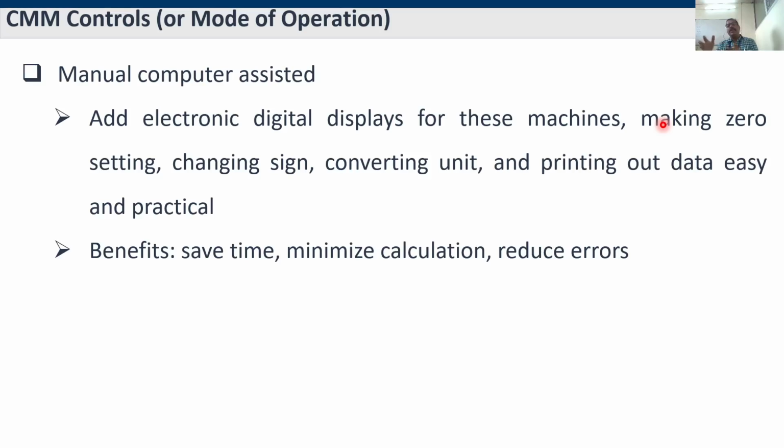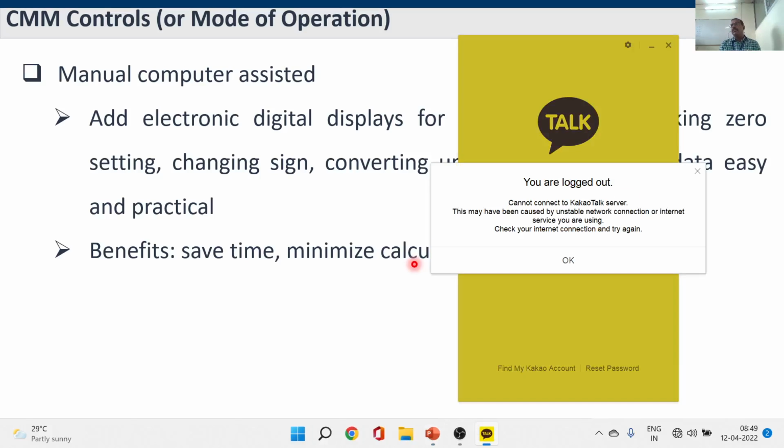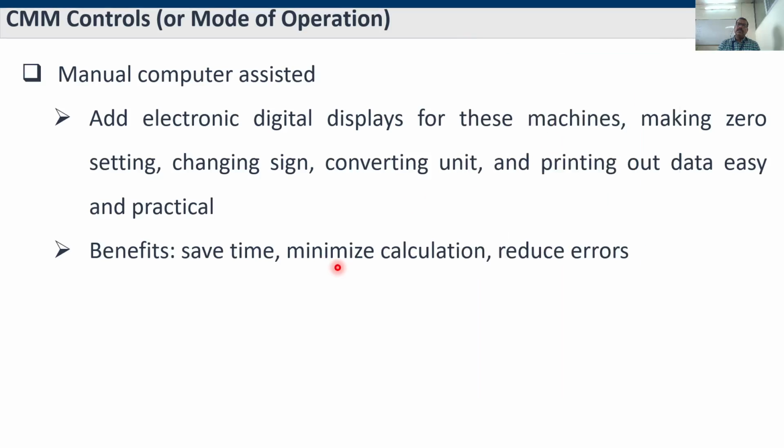So that support will be added in the second level, manual computer assisted. Basically, it will save lots of time when we take the data, and it will minimize the calculation and reduce some error. What is minimized calculation? Since data are processed automatically, like addition of data, subtraction of data.